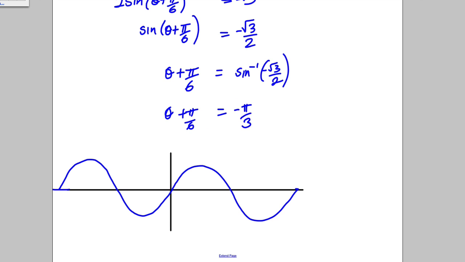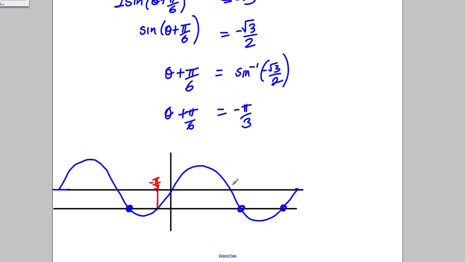And our first answer is negative pi by 3, which is negative 60, which is going to be somewhere there. Okay, now where are the other values going to be? Well, the other values equal to it are going to be here, and we're going to have one here, and we're going to have one here.